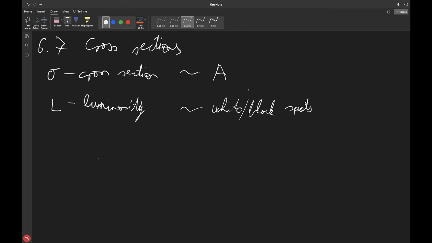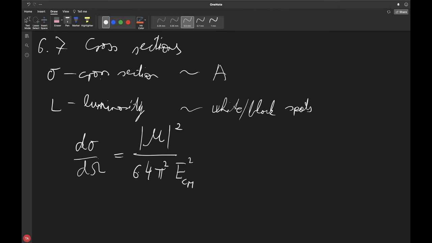So when we calculate the differential cross-section, we look at what is the cross-section per unit solid angle. If we have two particles, this is going to be the invariant amplitude squared over, and this is something which is specific to the two particles which have the same mass, this constant 64 pi squared and the center of mass energy squared.